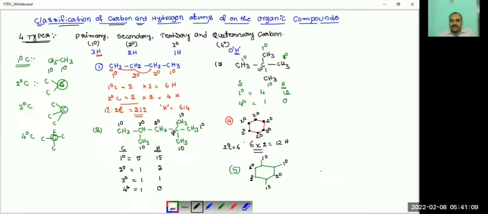This one is the tertiary carbon, and this is also tertiary carbon. So primary carbon atoms are 3, secondary carbon atoms 3, and tertiary carbon atoms are also 3.